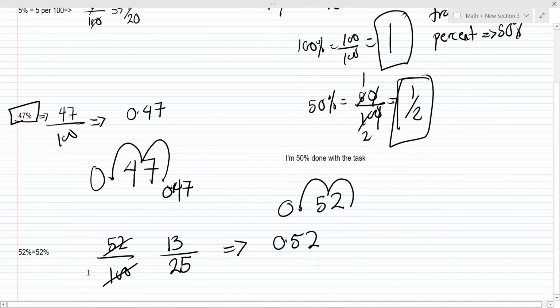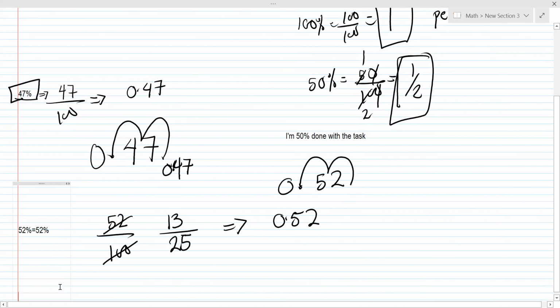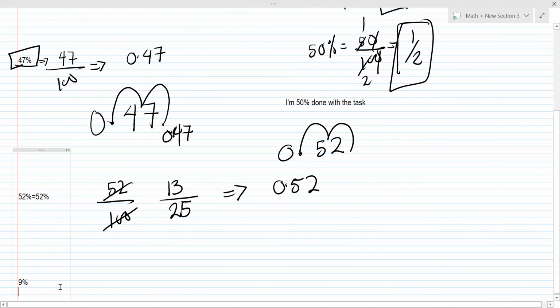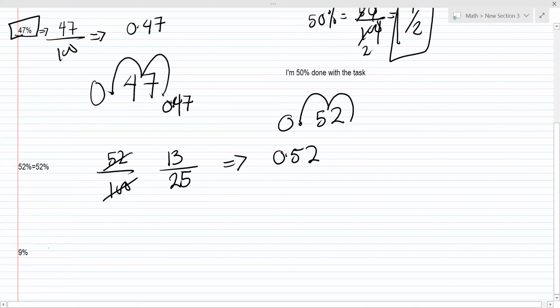How about something like, let's say, 9%. The same thing, we're at 9%, that would be 9 over 100. Can we simplify this any further? No. How about if we want to write 9% as a decimal? The decimal is here. So we have 1, 2.